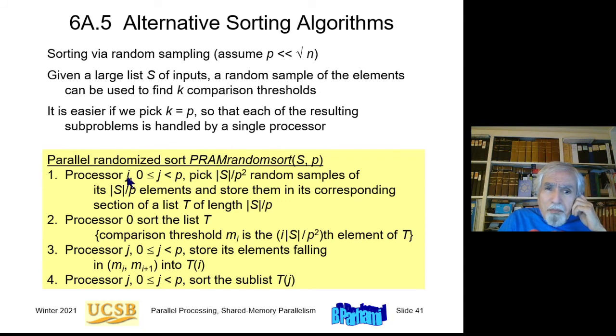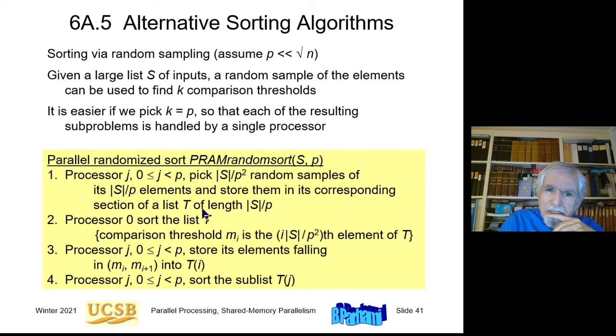So processor j picks this many random samples from the elements assigned to it, and stores them in its corresponding section of a list T of length |S|/p. So we basically extract this many random samples per processor. The total number of random samples will be the size of S divided by p, multiplied by p.